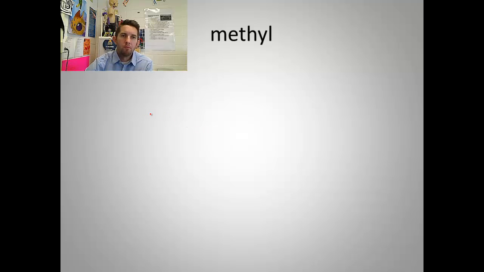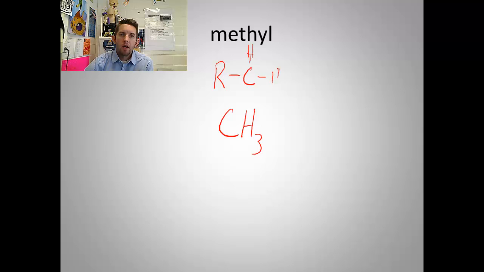A methyl group. These can get a little bit tricky identifying where a methyl group is. But a methyl group essentially is just a CH3. Sometimes it's written that way. Sometimes you'll see it with the hydrogen actually drawn out. Now, spotting a methyl group can be tough because you need to make sure that it differentiates itself from the main carbon chain.